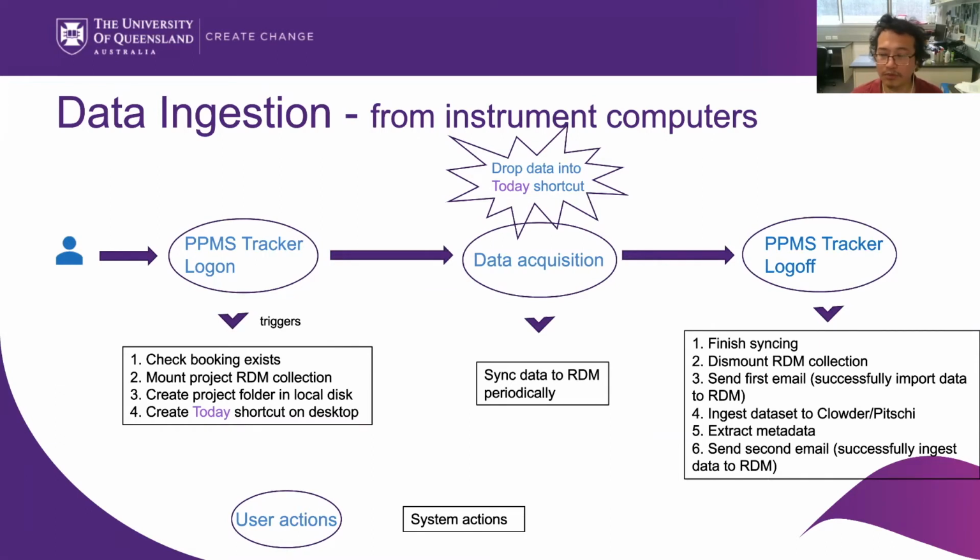Pitschi will first check whether the booking exists. If it exists, then it will mount the project RDM collection into the instrument computer, and a folder will be created locally corresponding to that booking. And then a shortcut called Today will be created on that instrument computer.